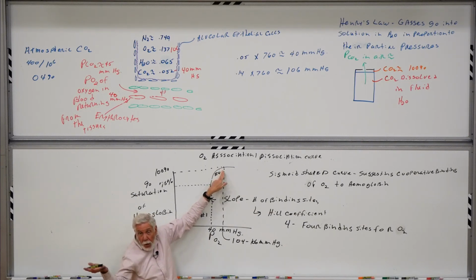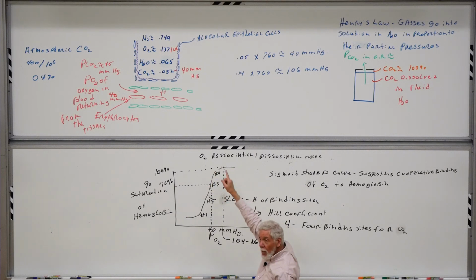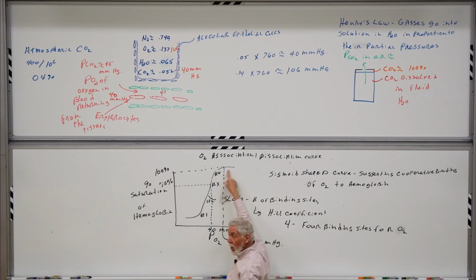But this answers the question that came up earlier. If you're going to sit around and breathe oxygen, it's not going to buy you much. Because if your lungs are working normally and you're fully oxygenating the hemoglobin as those erythrocytes are moving by the alveolar space, under normal circumstances, you'll be 100% saturated. You can't really put much more oxygen on because you're right at the top of the curve.